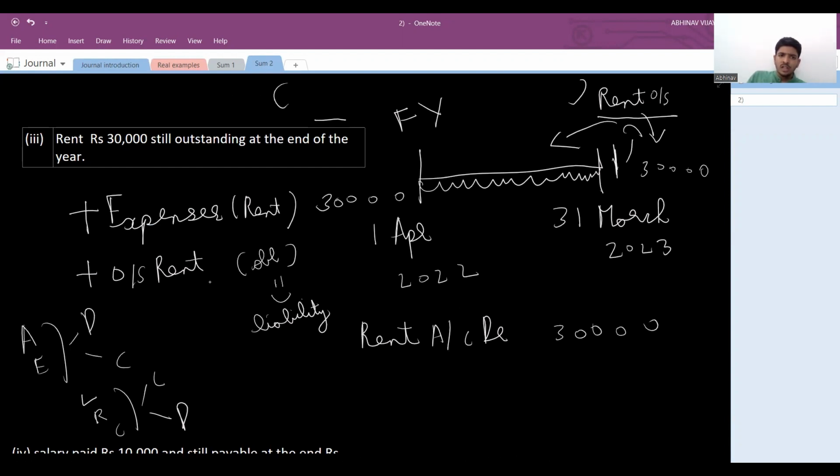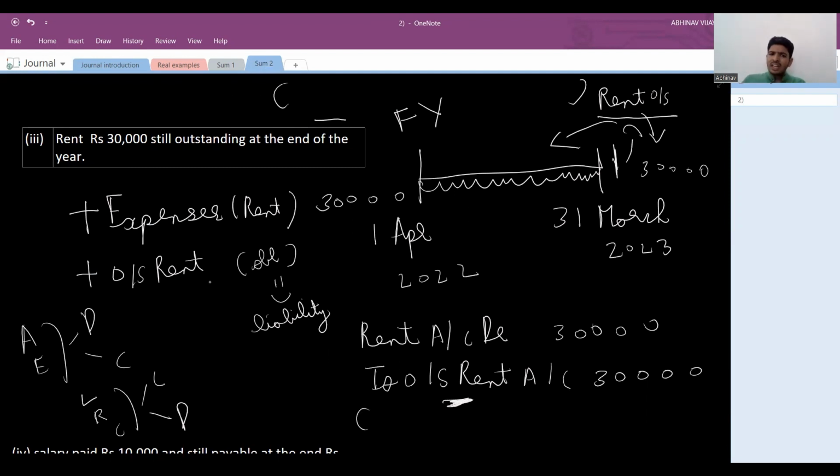Outstanding rent. Outstanding rent is an obligation, so it's a liability. Whenever liability increases, it will be credited. So it'll come on the credit side to outstanding rent account. Don't just write to liability, write outstanding rent account because the shareholders or the owners should know what the actual obligation is called. Okay.